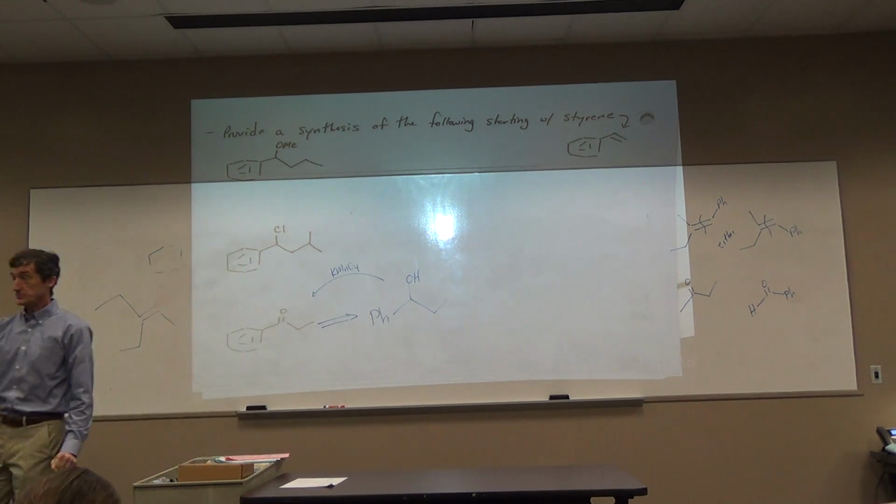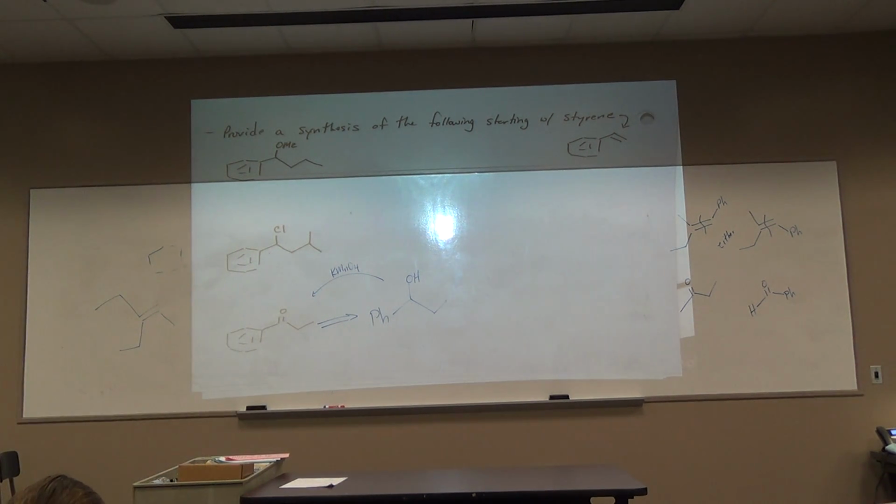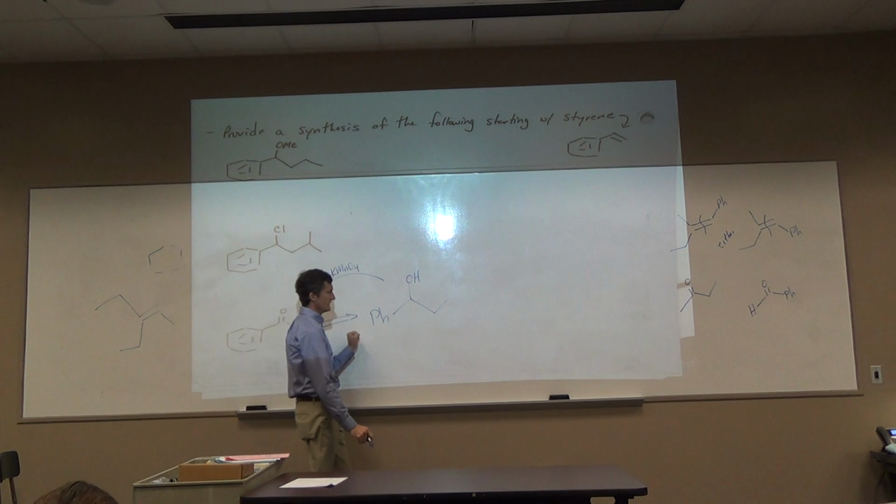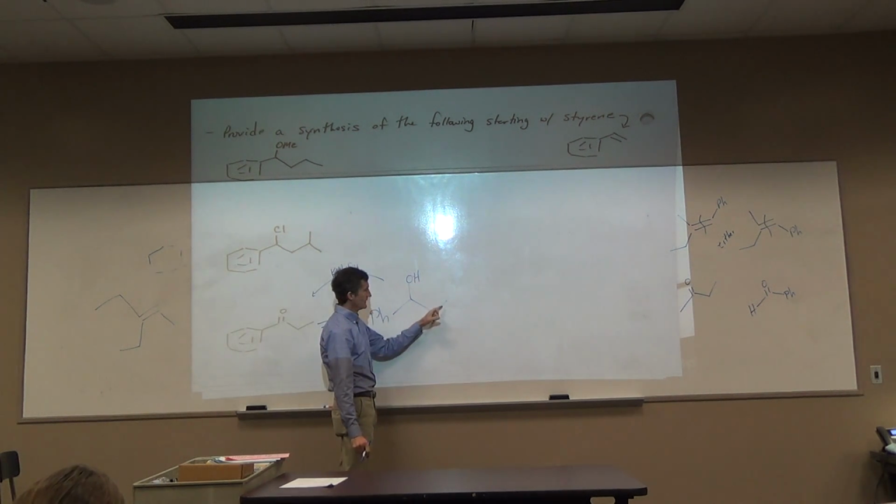Now we could do a hydroboration of some alkene. The problem is we need an extra carbon somehow eventually, because we're asked to start with a 2-carbon side chain, and this has 3. Carbon-carbon OH.